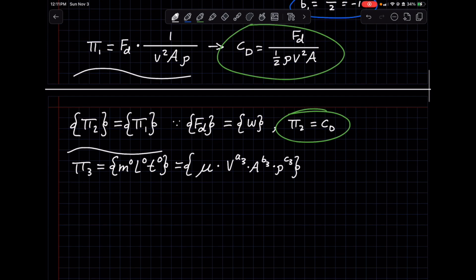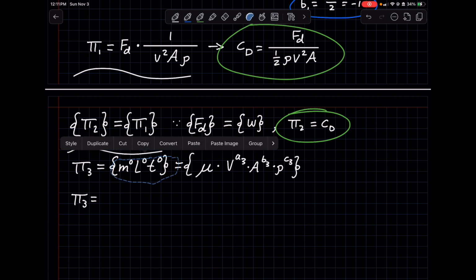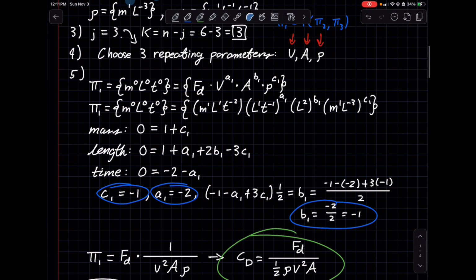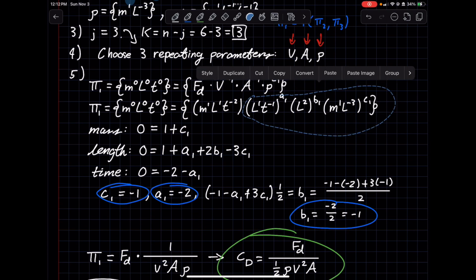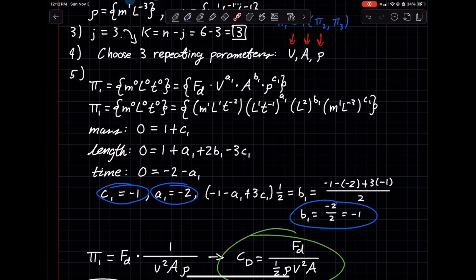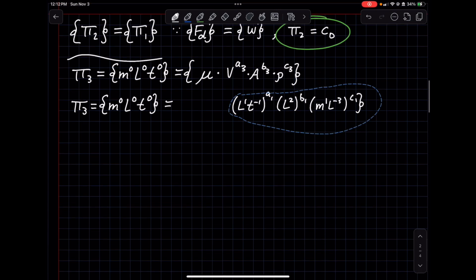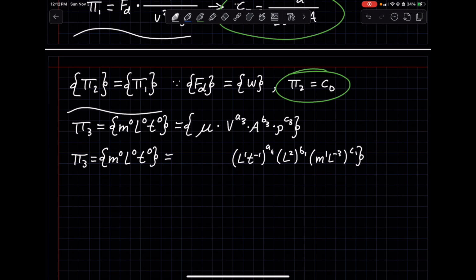And it's the exact same procedure, so we're just going to do pi 3 is equal to all of this. To save a little bit of time, I'm going to copy all of this over, because everything that I just copied right here is just this, spelled out in terms of the primary dimensions. So go down here and change the exponents so they are a3, b3, and c3.